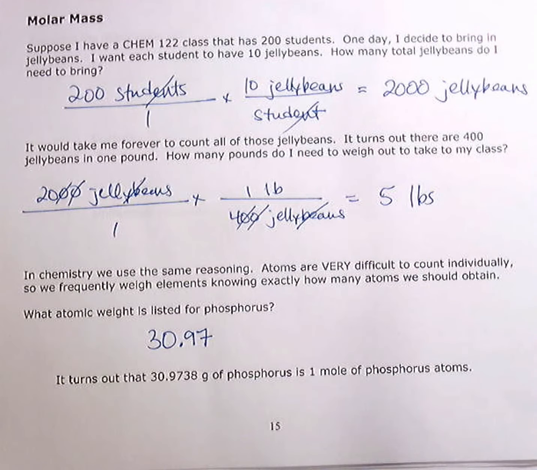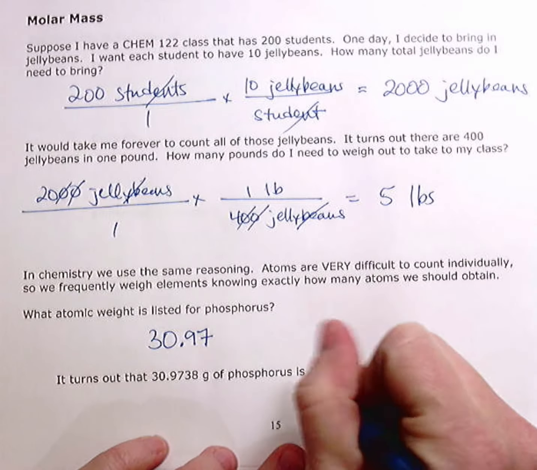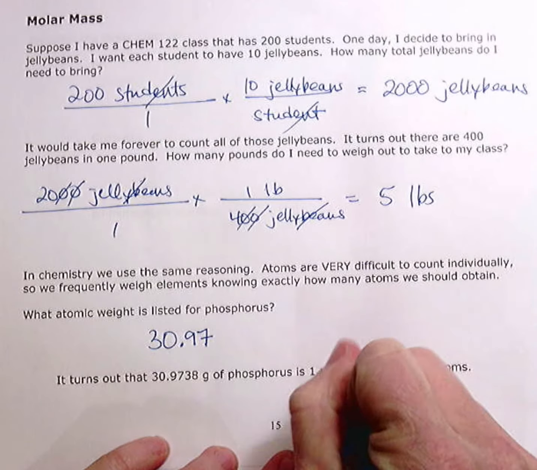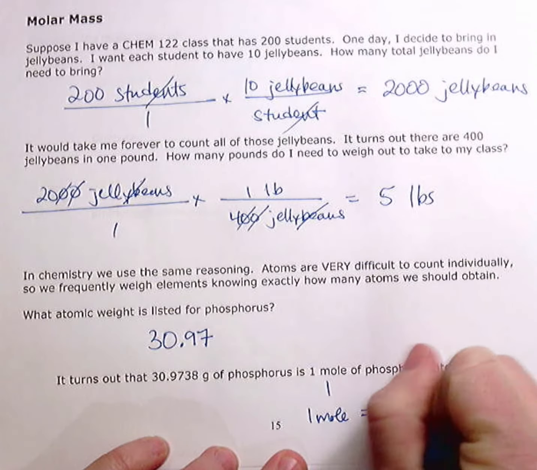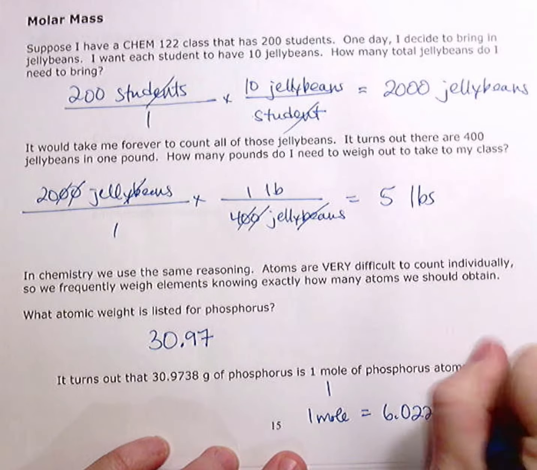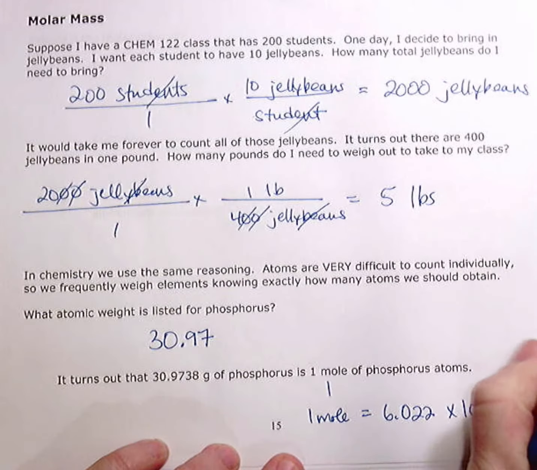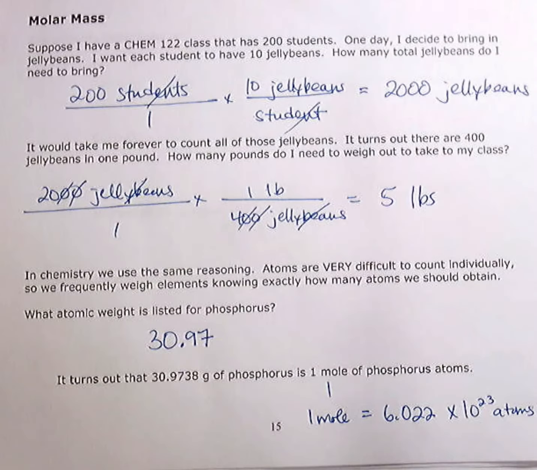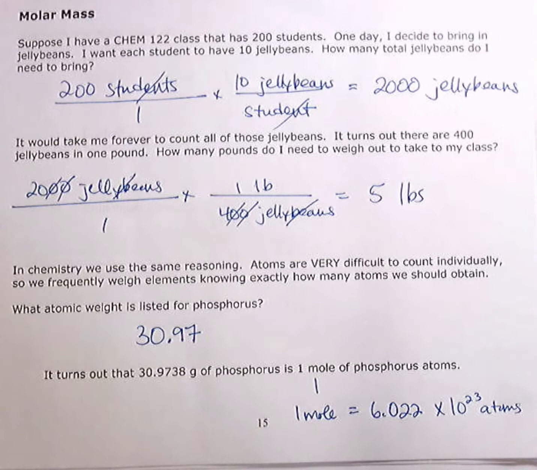And so the mole is really large. 1 mole, and I have this on the next page, equals 6.022 times 10 to the 23rd atoms. So that's a lot. It just gives you an idea of how small atoms really are. 6.022 times 10 to the 23rd.